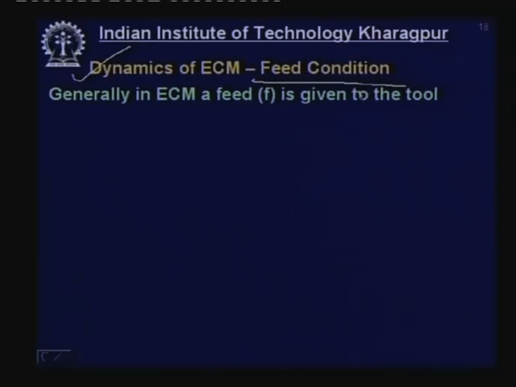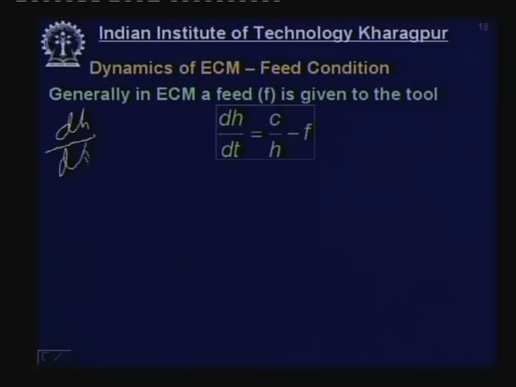The tool is no longer fixed, it is being fed. Generally it is fed with a feed rate of F, that could be millimeter per second. Earlier your expression was dH by dt equal to C by H, the same expression we are using, but this was under no feed condition. Now I am giving a feed. So, your dissolution would be dH by dt.